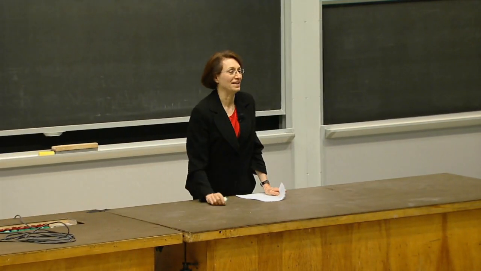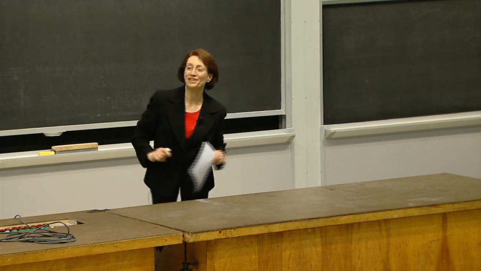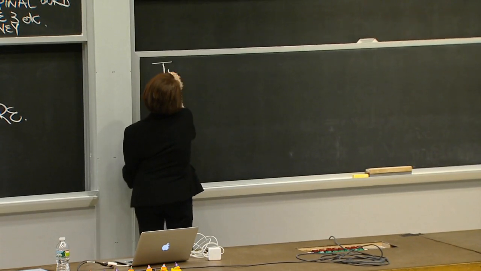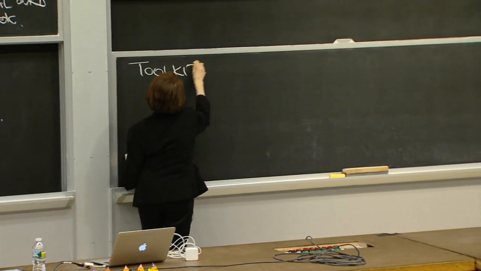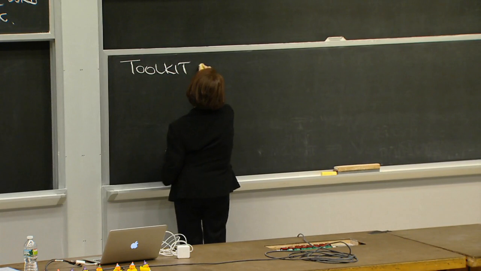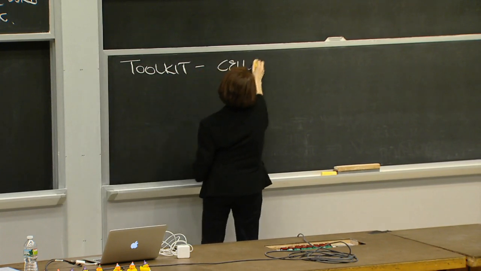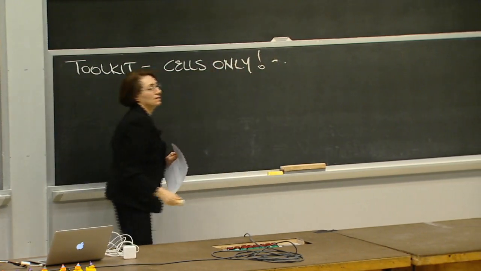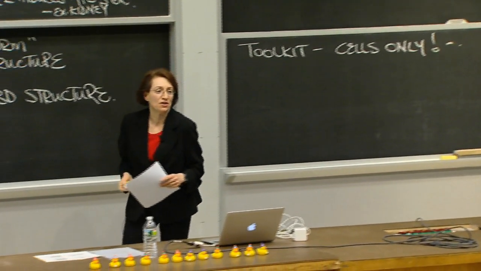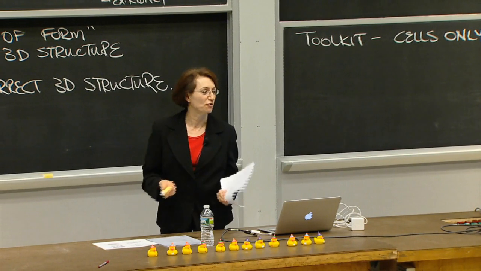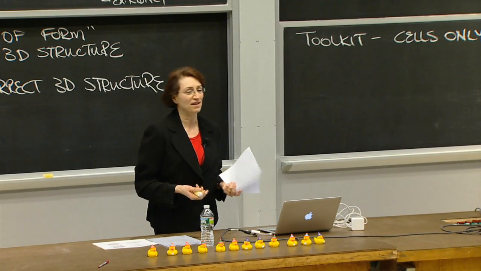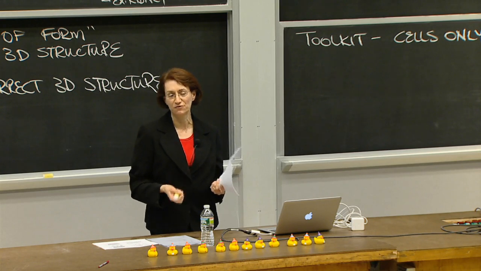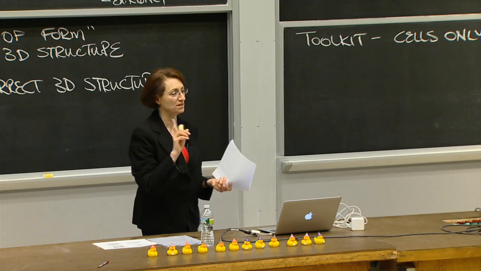Back to the toolkit. This toolkit to build all organs of cells. But cells are not just equivalent to bricks of one shape. They can actually change. So it's not quite fair that I said to you this is different than engineering where you've only got one material.